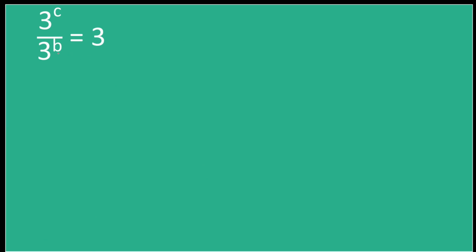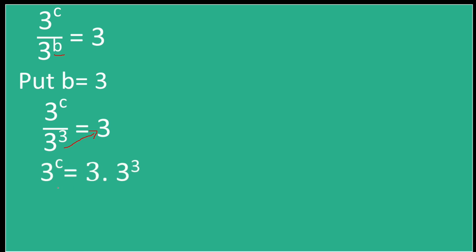Here we can put b equal to 3, because the value of b equals 3. So we will put b equals 3 in this equation. So this equation will become 3^c divided by 3^3, or 3 cubed, which is equal to 3. And then we will multiply this 3 cubed here. So our equation will become 3^c equals 3 times 3^3.